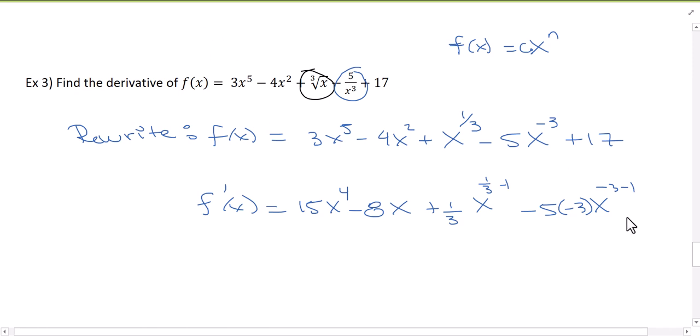So some of these are ones that we did already, plus the derivative of 17. 17 is a constant function all by itself, right? So then the derivative of that will be 0. And then simplify.